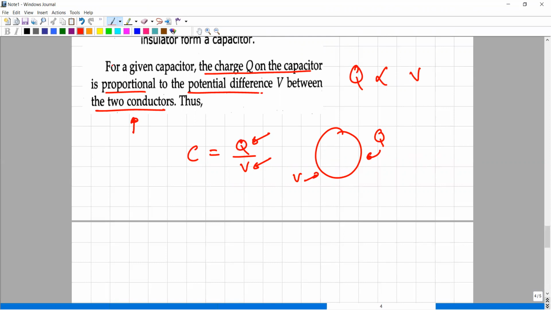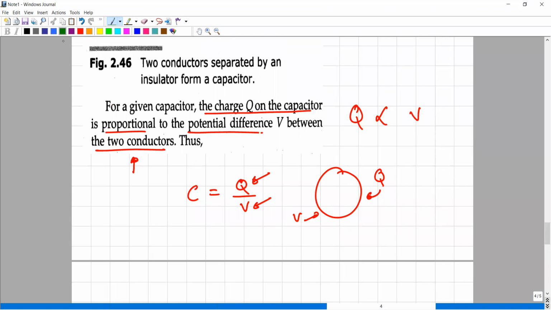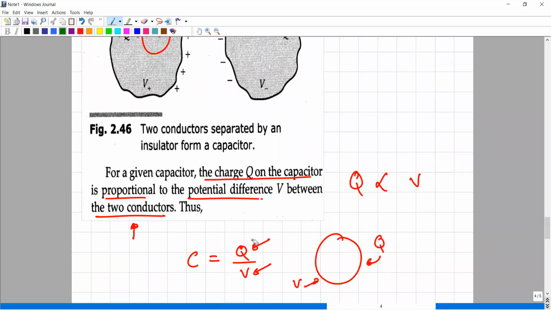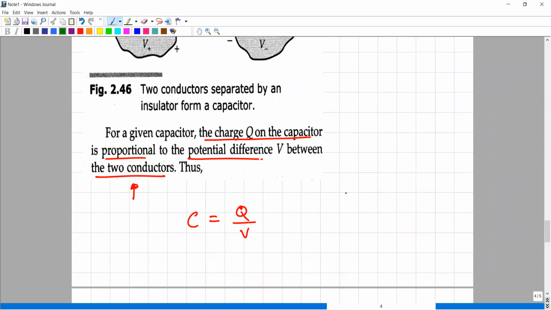But here we are not having one single conductor. We have two conductors, a positive and a negative. So now in this formula, Q is equal to CV, the V will become the potential difference, not the absolute potential of one of the conductors, but rather the potential difference between the conductors.